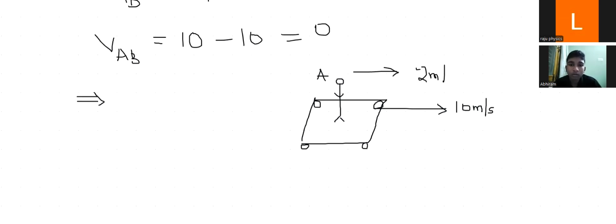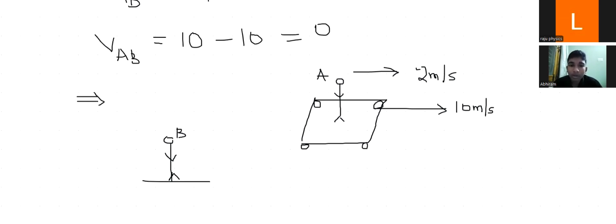Like this is the observer, the observer is B. So he was observing. What is the relative velocity of A with respect to B?